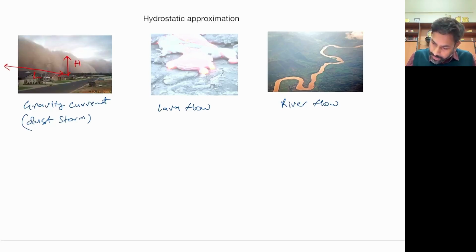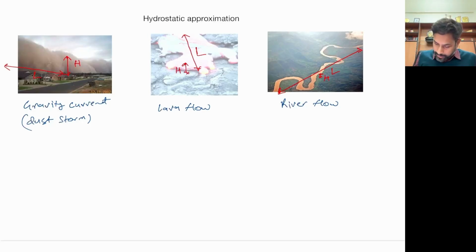And then in case of lava flow, again, if you consider this as H, that is your vertical length scale, you can consider this as the horizontal length scale, and we already see that L is much greater than H. And it's very well known in case of river. The length that we are talking about here is like this, whereas the depth might be here, which is much smaller than L, right?